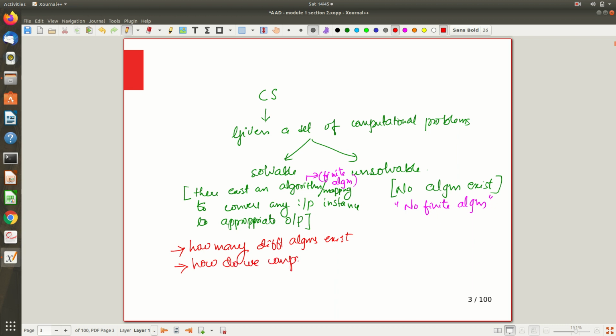Only then can you find out the best one, right? So compare these algorithms. After comparing, ultimately what you are trying to do is pick the best one. So how to do that? How to pick the best one?